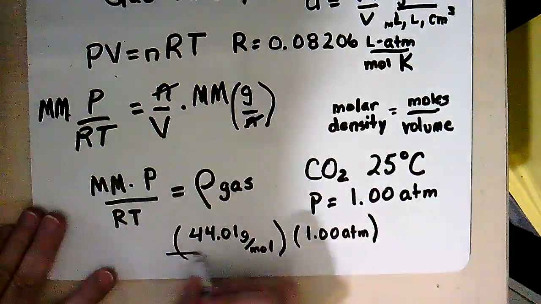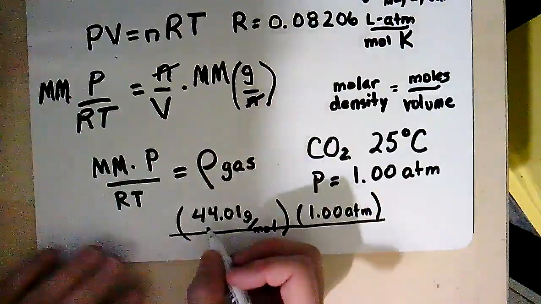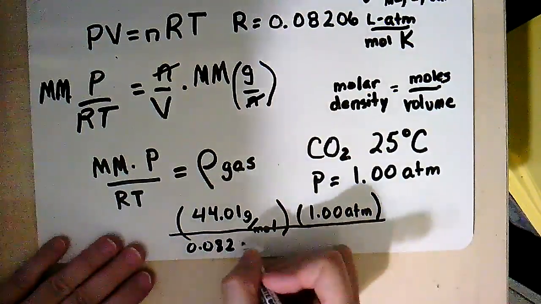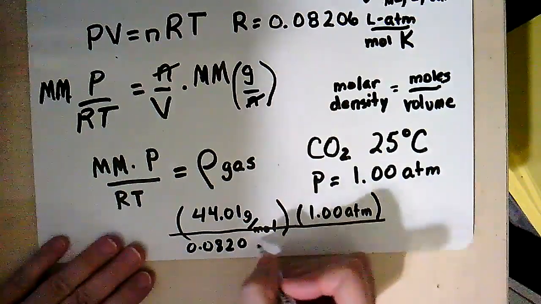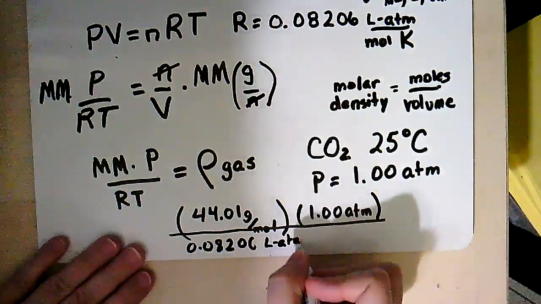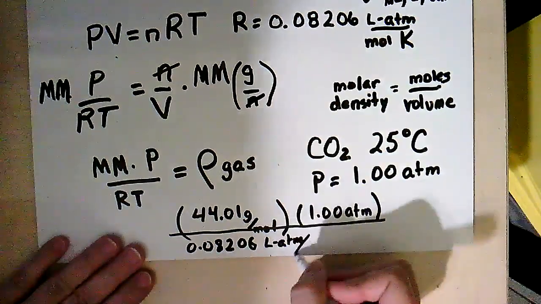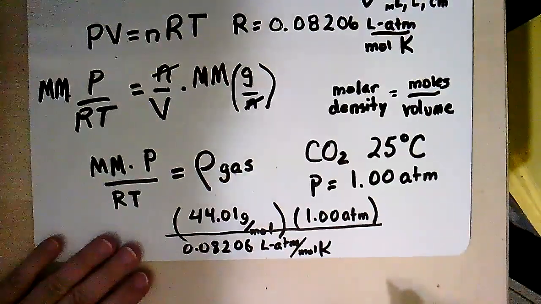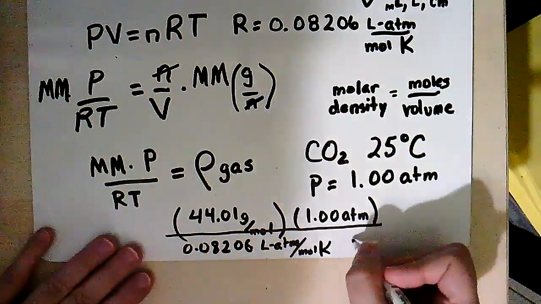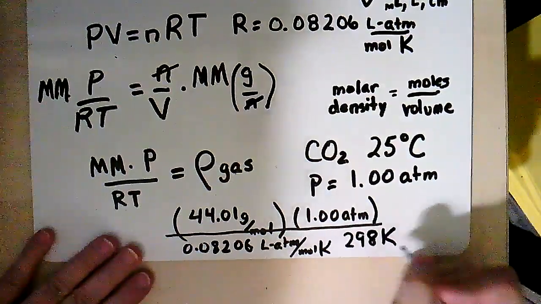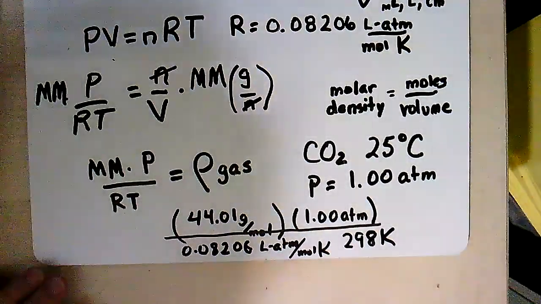And I'm going to divide by R, 0.08206 liter atmospheres per mole Kelvin. And I'm going to divide by temperature, 298 Kelvin. Notice I converted the 25 to 298.